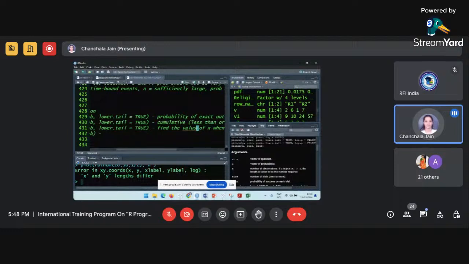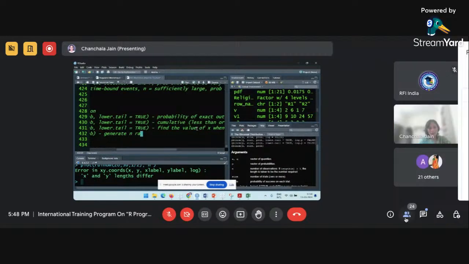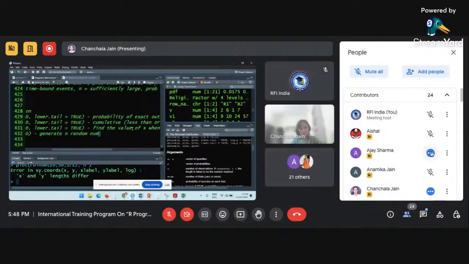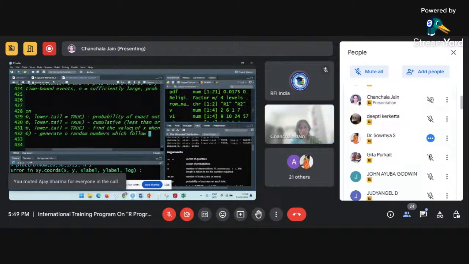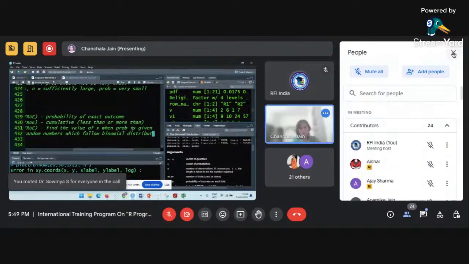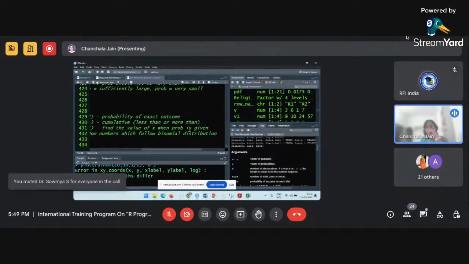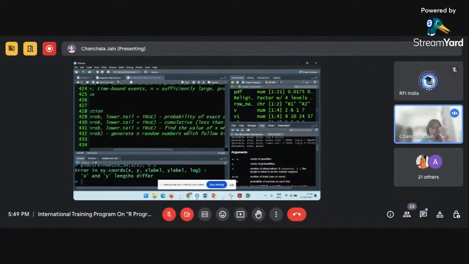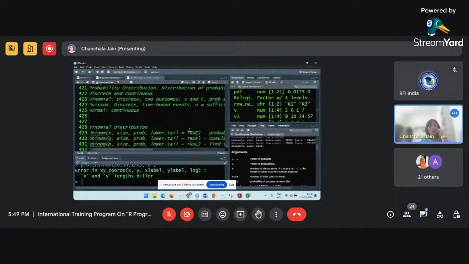And lastly, the rbinom is what? rbinom will help you to generate n random numbers which follow binomial distribution. So this way, these are the meanings of these 4 different types of functions in binomial distribution.